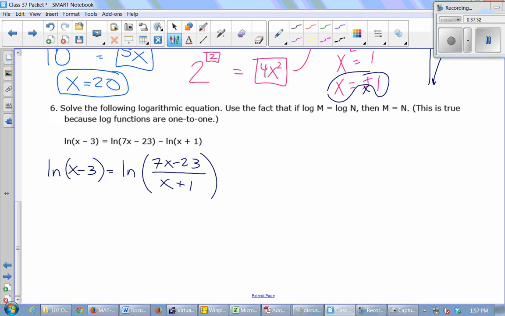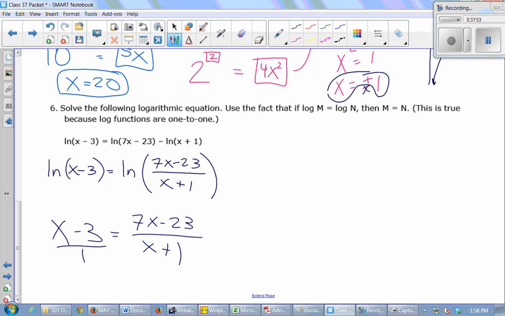Right. When you have the log of one thing equals the log of another thing, your two things have to be equal, right? So now I can just, it's kind of like canceling the logs. And then you just have an equation to solve with no more logs in it.